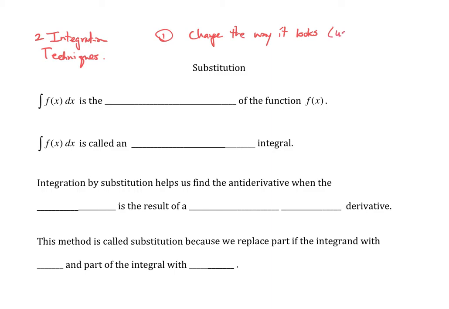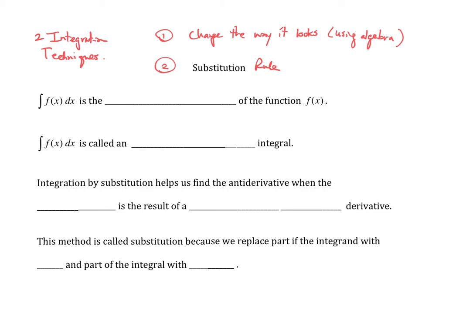And usually in this class we're using algebra to do that. In second semester calculus, we're going to use trig identities to do that as well. And the second method is the substitution rule. And that's really what I want to talk about with you all today.